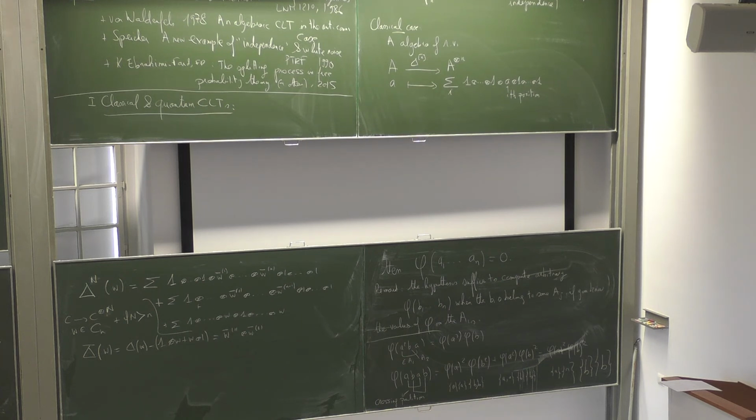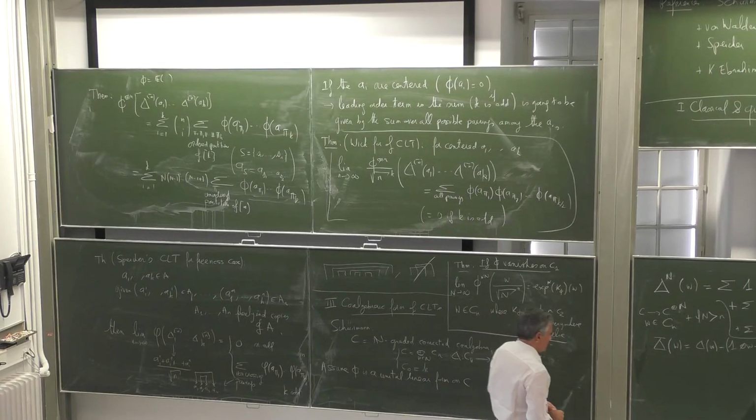I have to assume that phi vanishes on C1, the degree 1 component of the coalgebra.